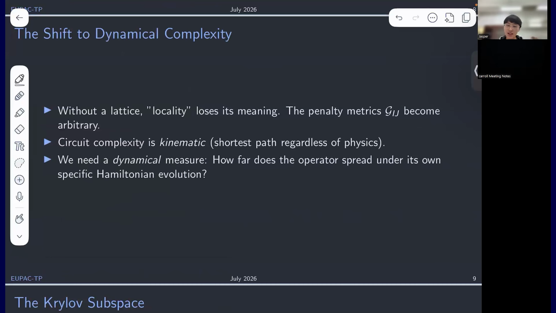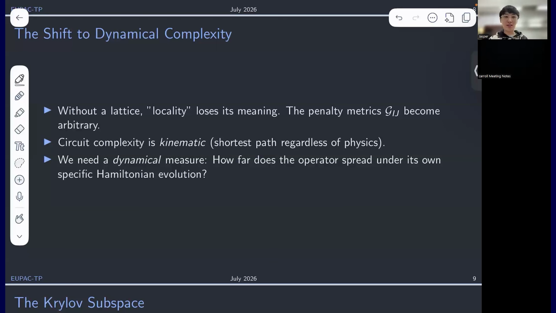Now also, as I think I've said before, the idea of Nielsen complexity also relies on the idea of locality. Locality means we want to know what we mean by two states, one state, two qubits, one qubit, three qubits.